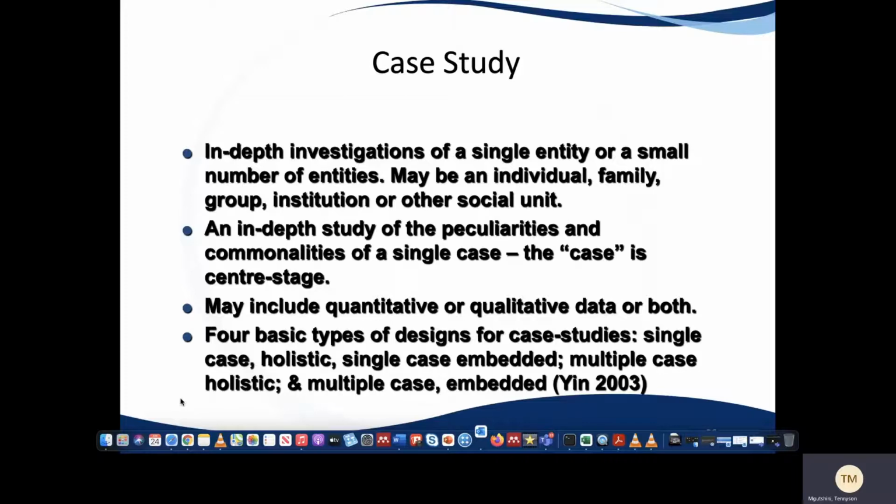Of course, case study is an interesting one because people talk about it as a tradition, but when you really look closely at it, you'll discover that it is actually in itself like a bag. It's like a case.